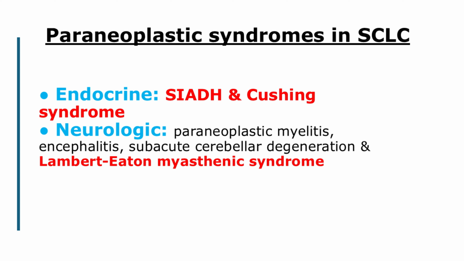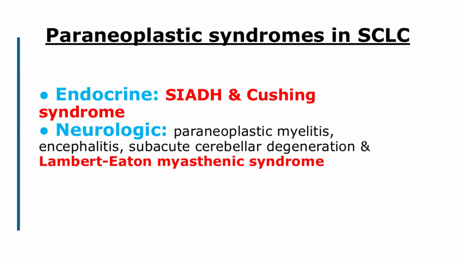So small cell lung cancer is also associated with neurologic and endocrine paraneoplastic syndromes, including SIADH, Cushing syndrome, Lambert-Eaton syndrome, and subacute cerebellar degeneration. Of these, the most common paraneoplastic syndrome associated with small cell lung cancer is SIADH.